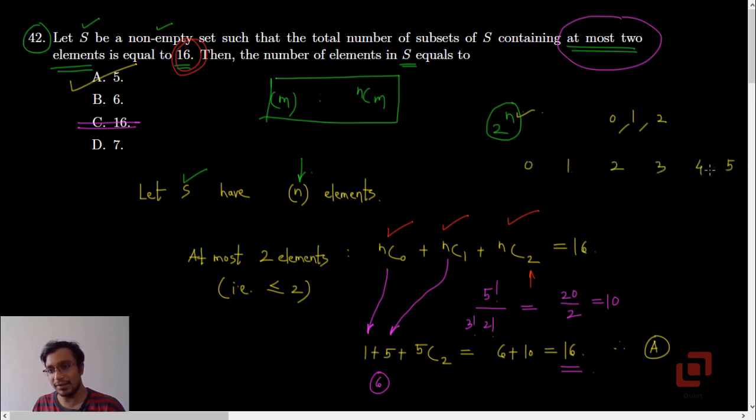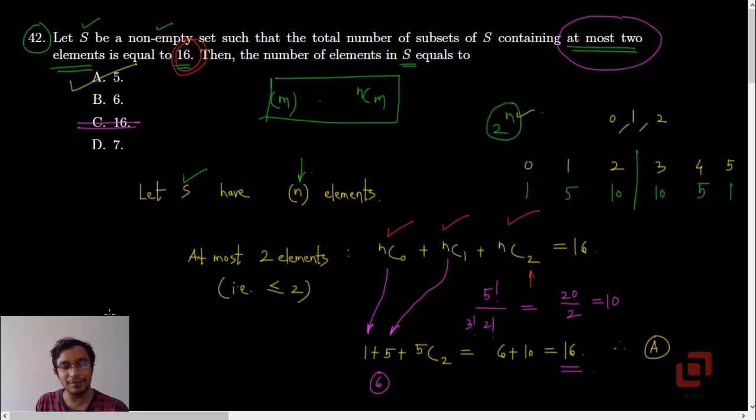Now you can actually go ahead and say that this distribution is actually symmetric, as you might be knowing. There is only one set with no elements and one set with 5 elements. Then 5C1 is equal to 5C4. So 5, 5. And this will now be 10, 10. Correct? So you can see the symmetric distribution.